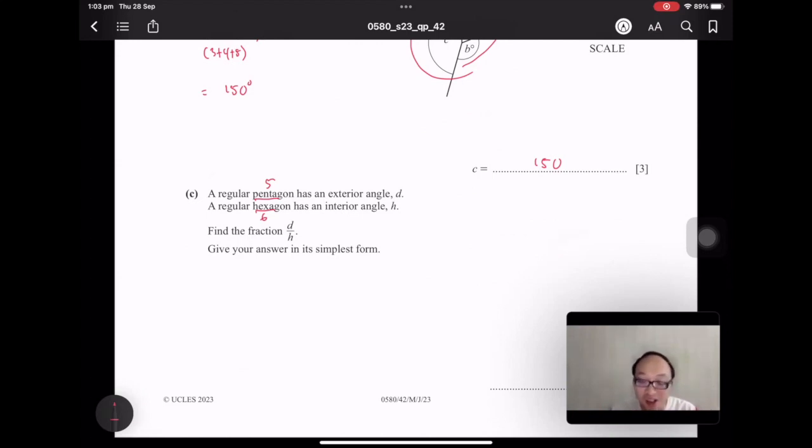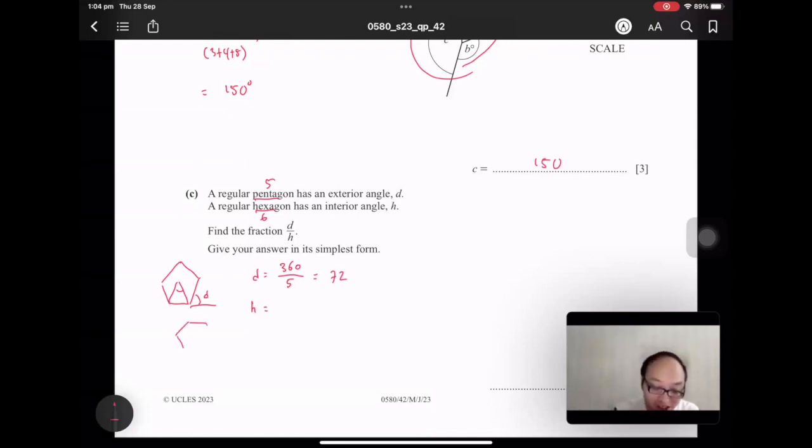So the exterior angle of the pentagon, this is the exterior angle. That's the same as the angle at the center of the pentagon. So D is 360 divided by the number of sides, divided by 5, 72.